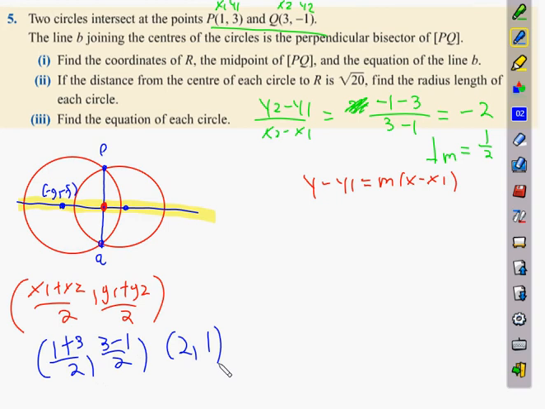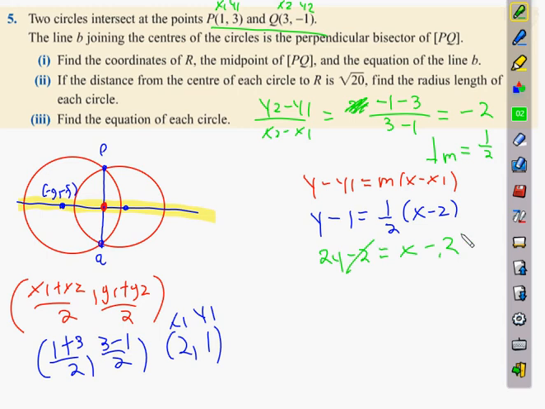Okay. Put that into this equation here, y minus y1 equals a half into x minus x1, so y minus 1 equals a half into x minus 2. Multiply the left side by 2, 2y minus 2 equals x minus 2. Minus 2s cancel. x minus 2y equals 0.